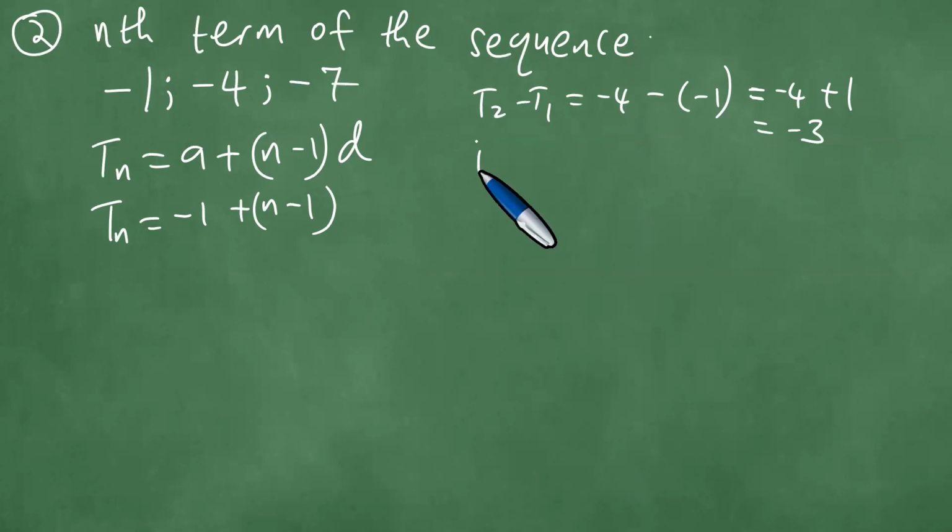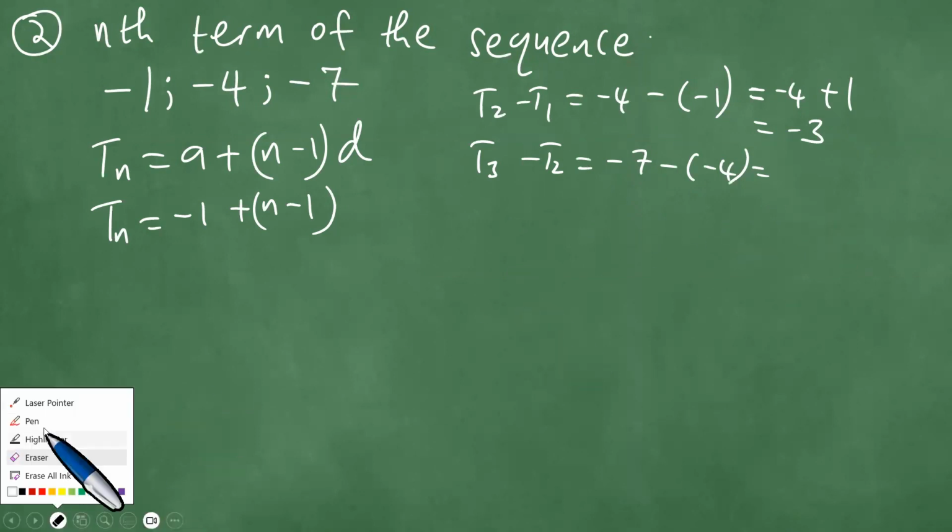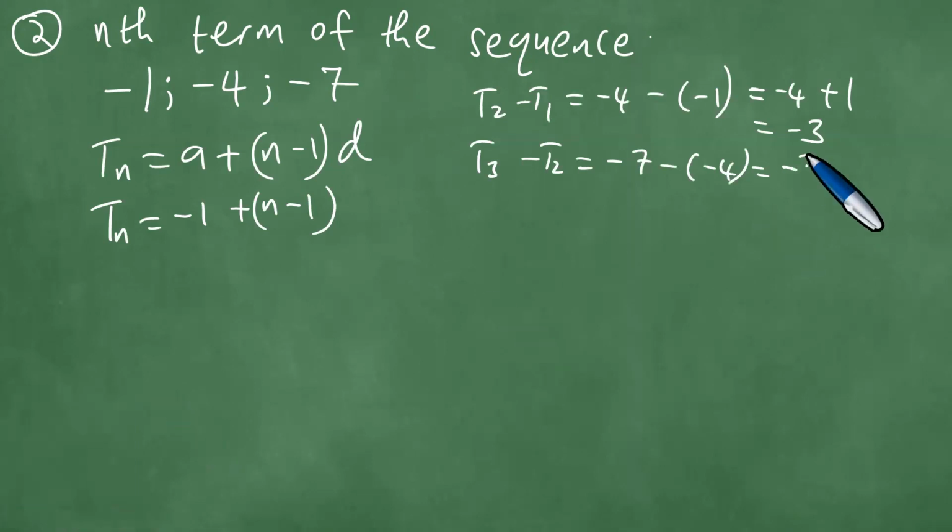But we also have T3 minus T2. T3 is -7, T2 is -4, which is -7 plus 4, and this is -3.